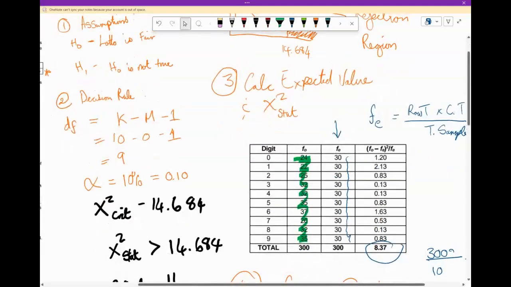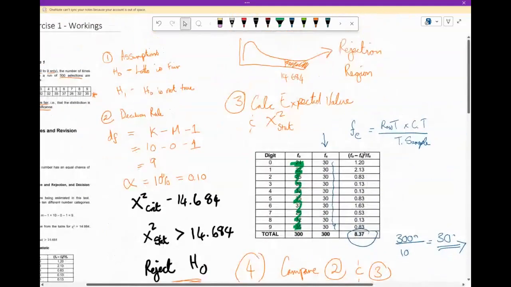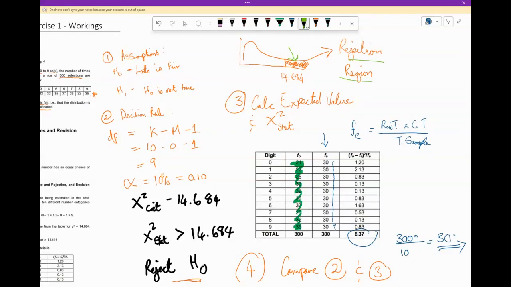If our chi stat is greater than 14.68, it falls within this region, and that's the rejection region. That means we are then rejecting the null hypothesis. Can you see that? Am I answering your question? Are you sure? Okay.